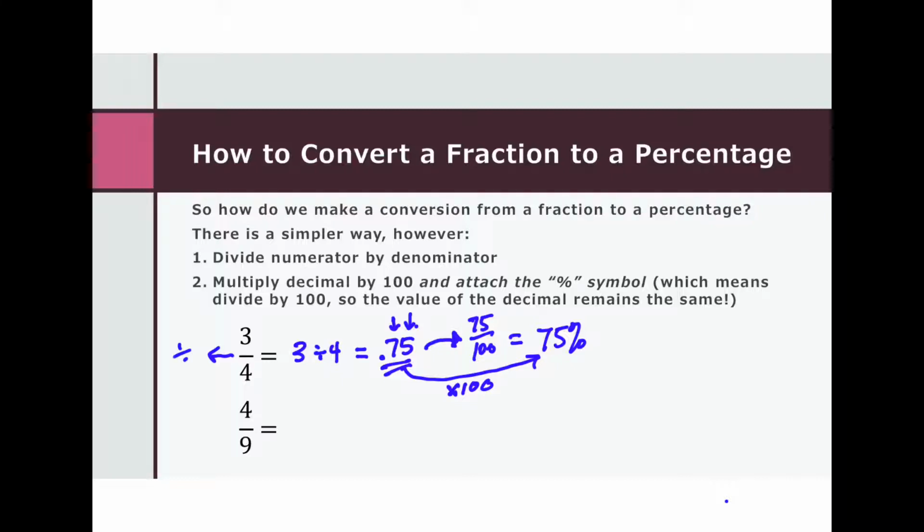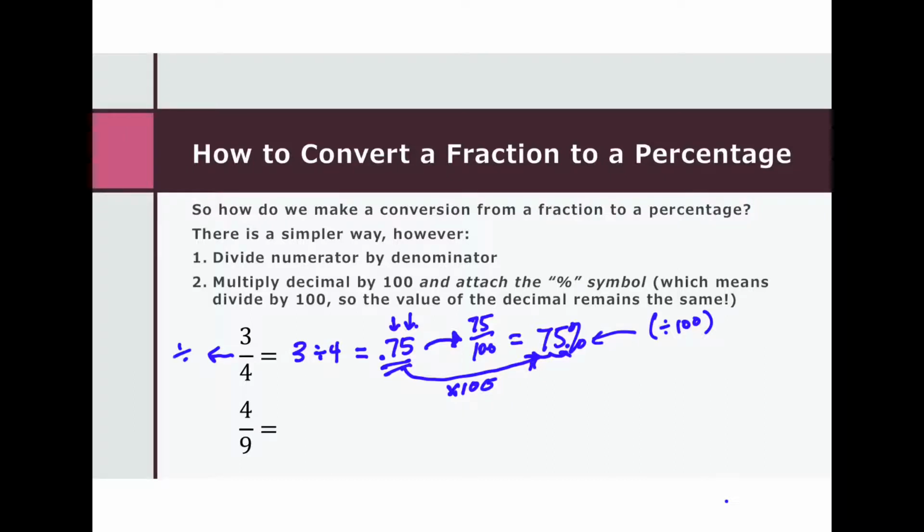Because I'm attaching this symbol, and this symbol means per 100 or divided by 100. Right? So think about what I've done here. I took 0.75 or 75 hundredths and multiplied it by 100, which moves the decimal 2 spots to the right.